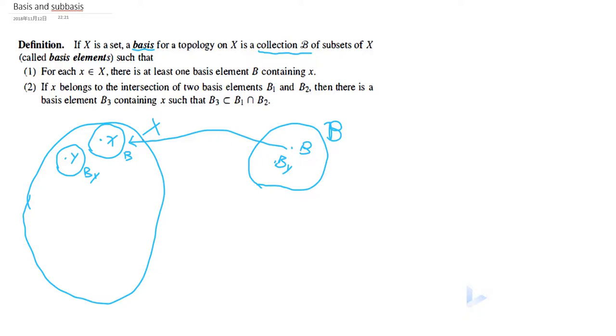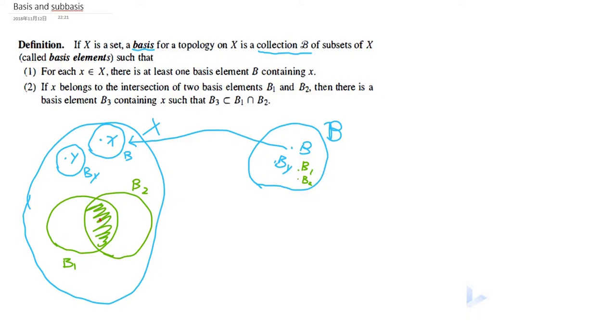And this means that if we have two basis elements, B1 and B2, when they are in the set X, they look like this, and if they have an intersection area like this, this area is the intersection of those two subsets.